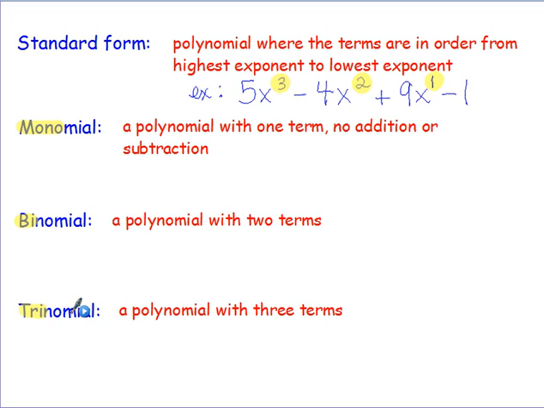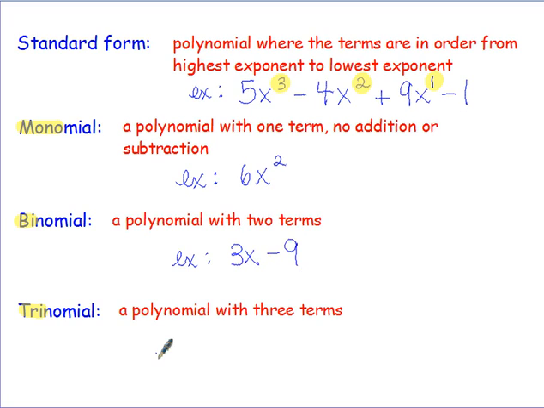So I can give you some quick examples. A monomial, one term. For instance, 6x squared. That's one term. There's no addition or subtraction signs. That's an example of a monomial. Binomial, two terms. Let's go with 3x minus 9. Two terms, 3x and negative 9.